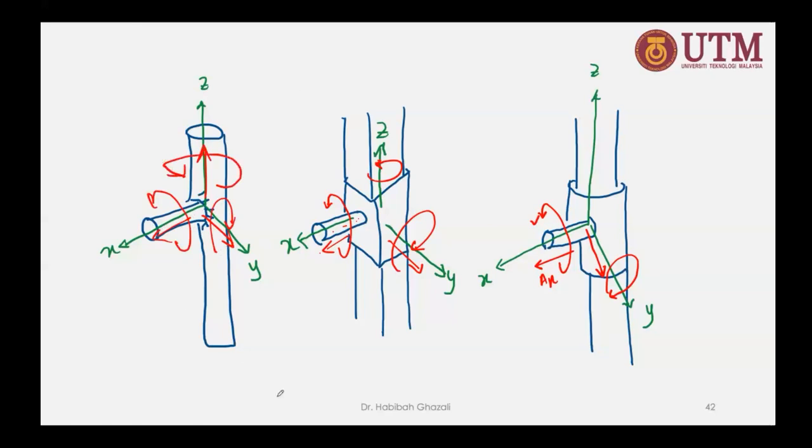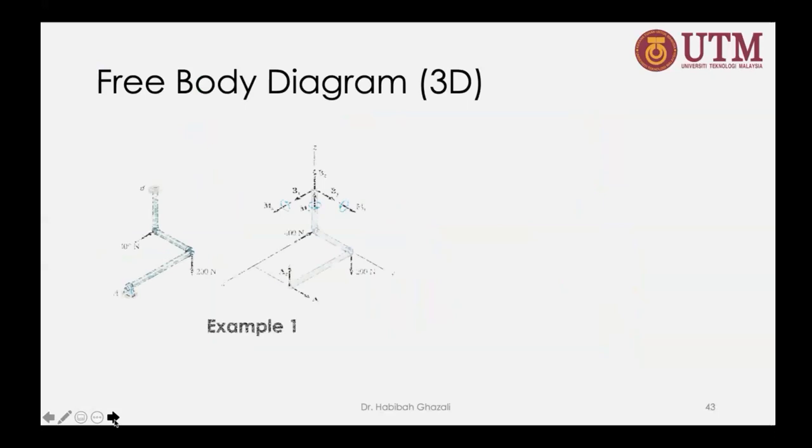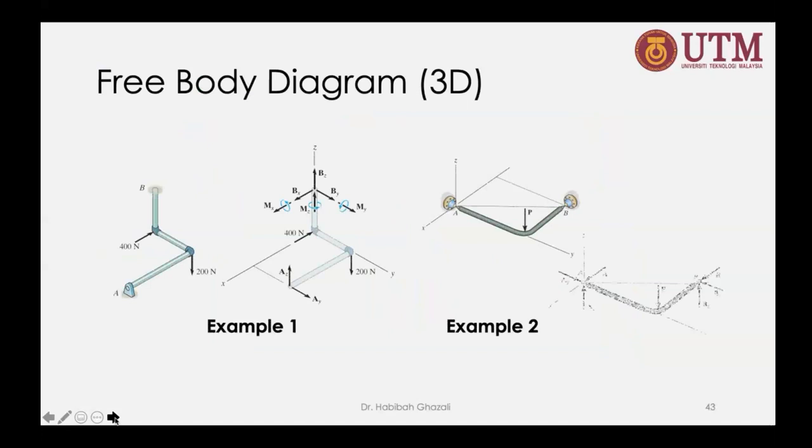Okay, so that's how you visualize for 3D. And when you solve the static equilibrium equations, you can use the 6 for this one. All right. So these are some examples on how to draw the free body diagram for 3D.